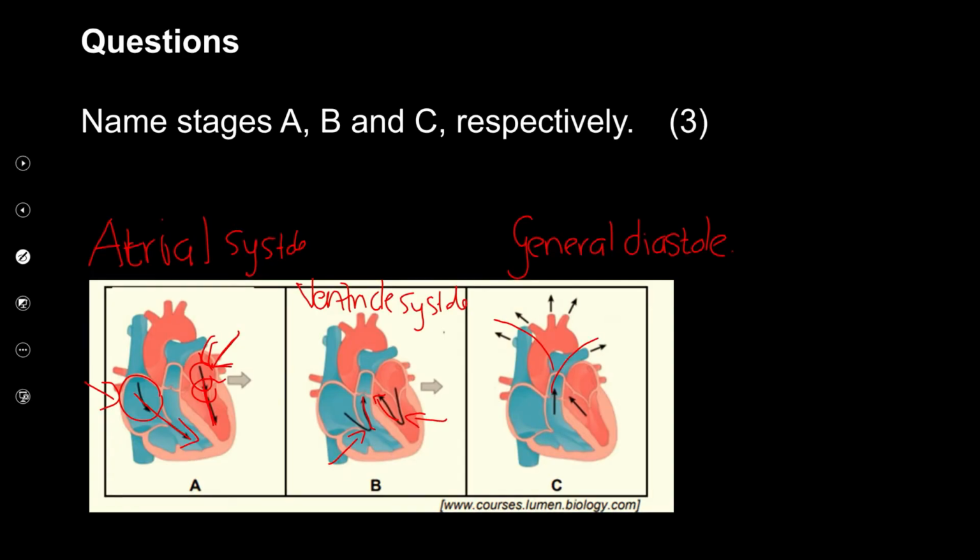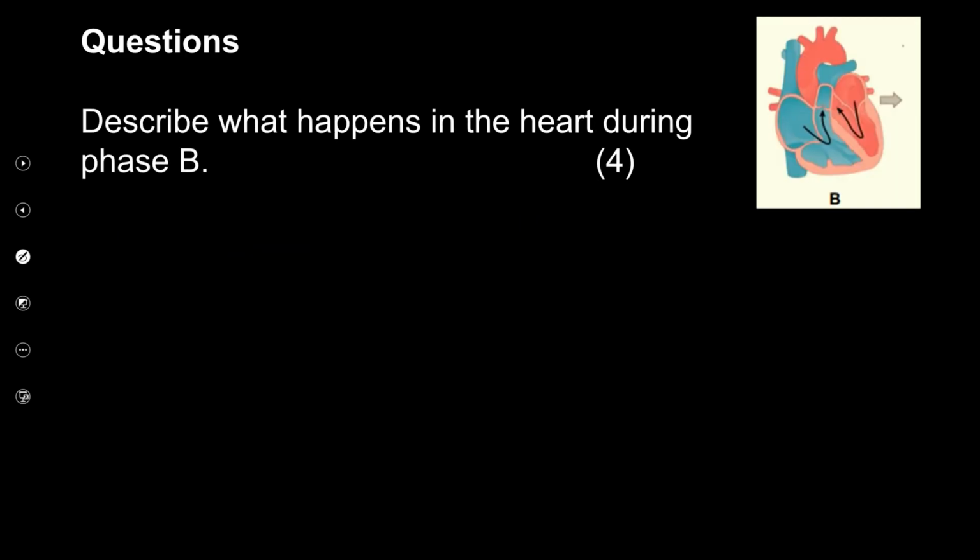All right, I'm just going to go through one more question, and then I just want you to see what it's going to look like. So, guys, the next question, describe what happens in the heart during phase B. As I said to you, unfortunately, we've run out of time, right? But you're going to explain exactly what the muscles do. The ventricles, what do they do?